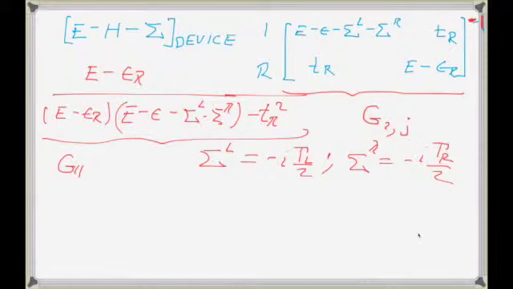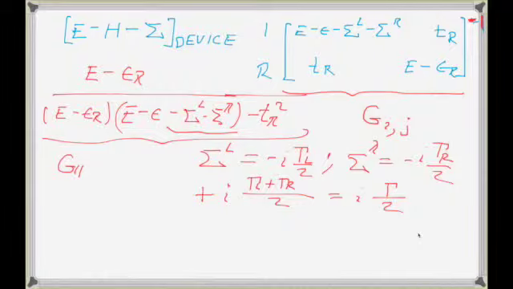And then I say find the zeros and poles of this thing. So you have to multiply, and these two terms together will just become plus i, gamma L plus gamma R over 2, which is i gamma over 2. So that'll be the imaginary term.